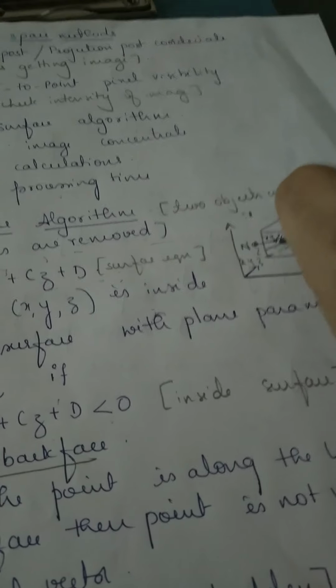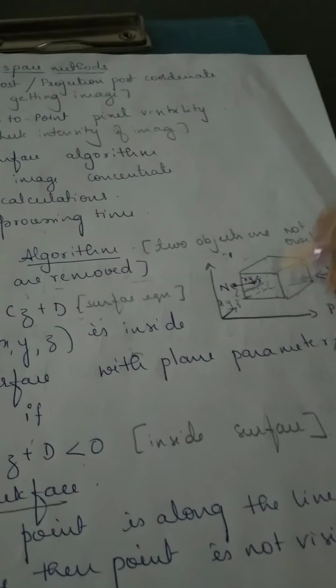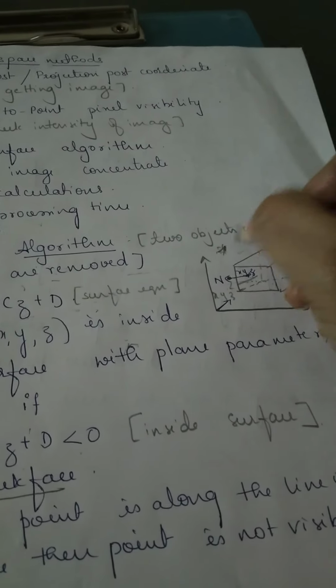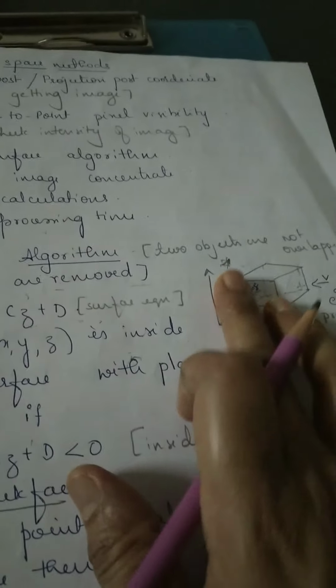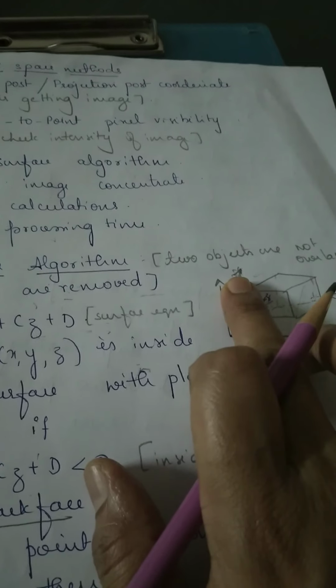The point should be inside the surface to check whether it is visible or invisible. If it is outside, there is no need to apply any backface algorithm to this point.